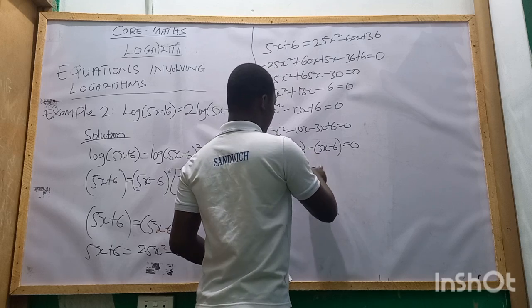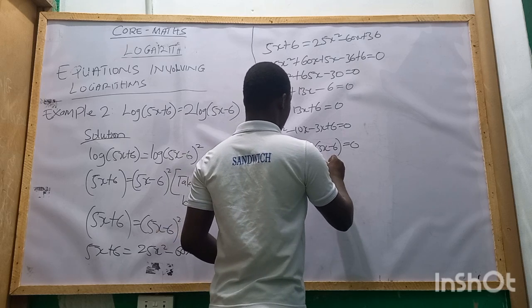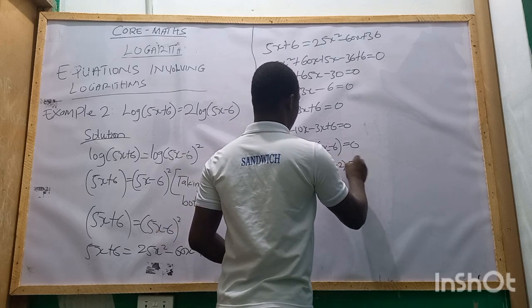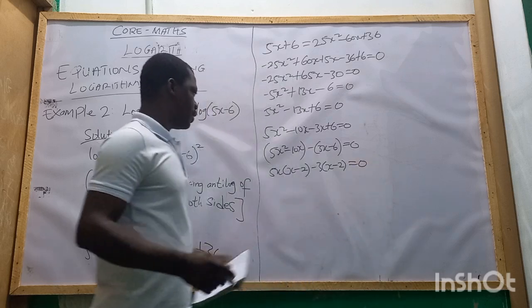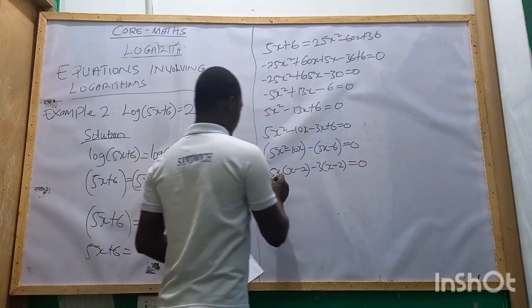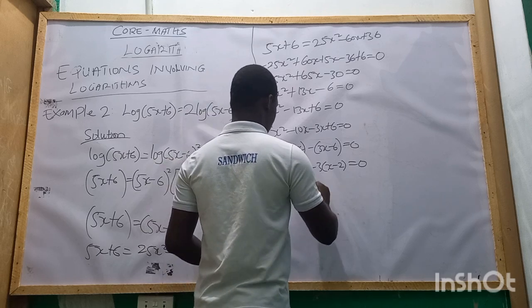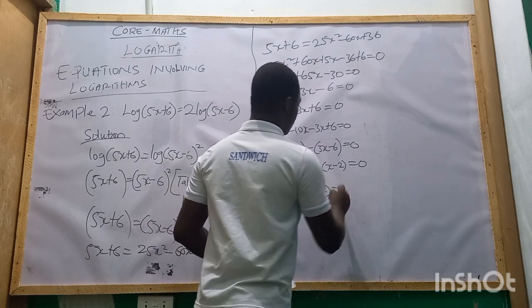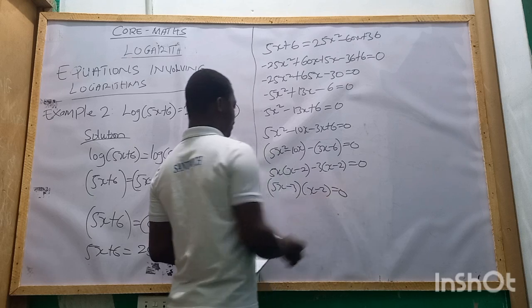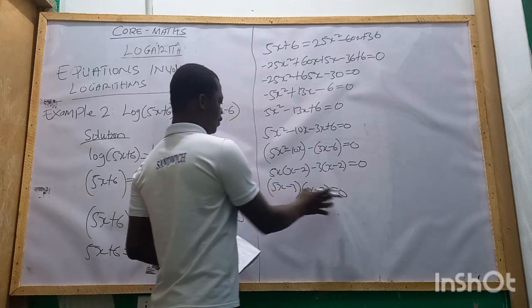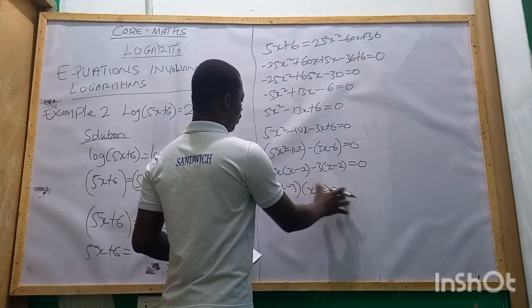The common factor is 3. Okay, so now I'll pick 5x minus 3. So it means either this one equals 0 or this one equals 0.